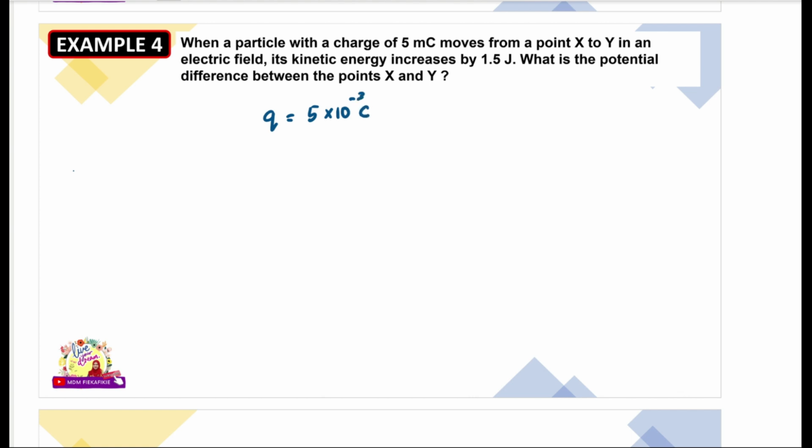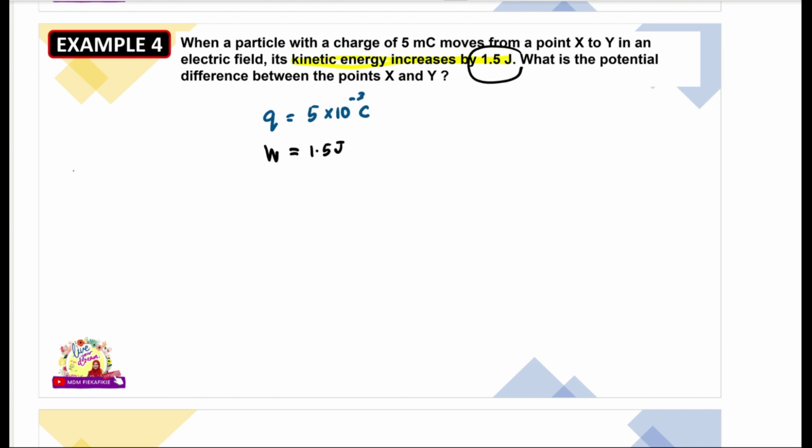So the question states that the kinetic energy increases by 1.5 joule. Okay, so daripada sini kita tahu kita ada energy dia. So means that 1.5 joule work is done. Okay, so W is equal to 1.5 joule.